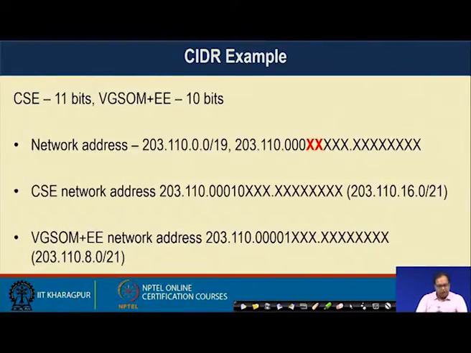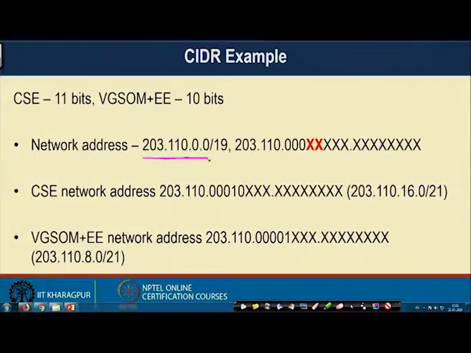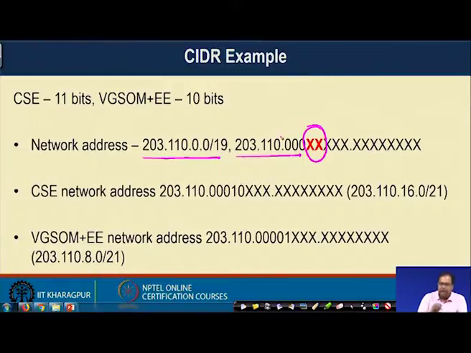serve all the hosts. So, what I do is, that was my original network address 203.110.0.0/19. So, with 19, this is up to my network address part, and this x we can use as the host and the subnet part. So, we take these 2 bits. Using these 2 bits we divide it into 2 different subnets.